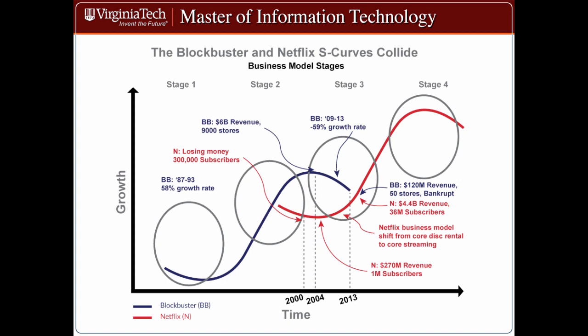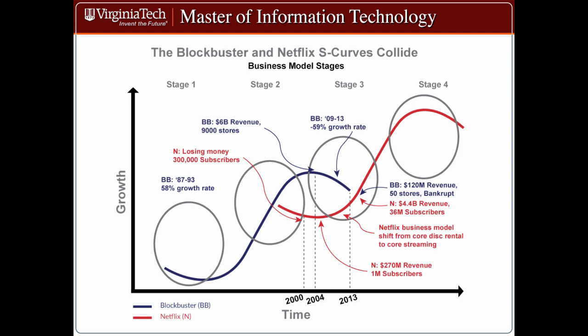Let's unpack this question, because this is often the story that people use to talk about disruption. If we think about Blockbuster vis-a-vis Netflix, and we'll talk a lot about this S-curve, we know from some of our reading so far that the S-curve is this pattern of new innovations that emerge. People often tell this story about Netflix disrupting Blockbuster.